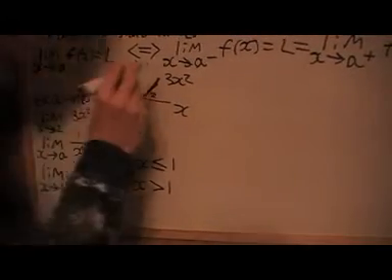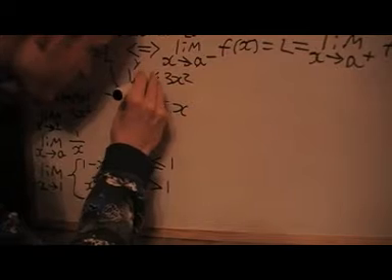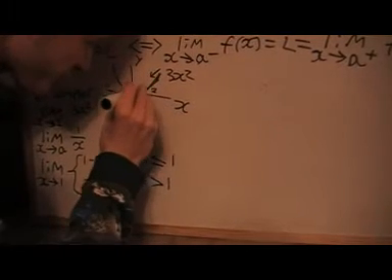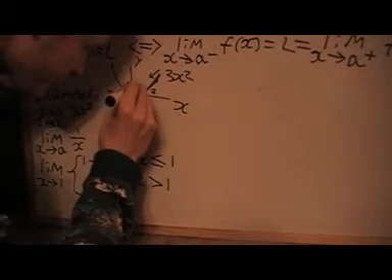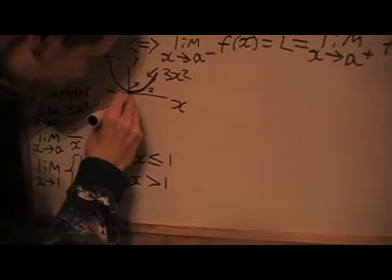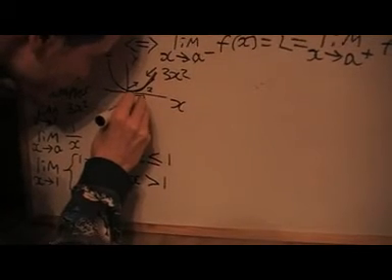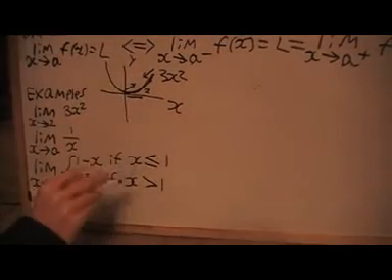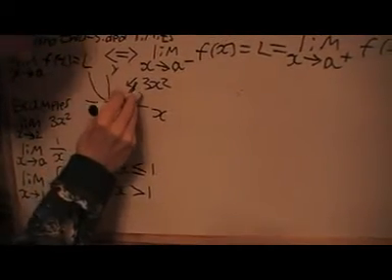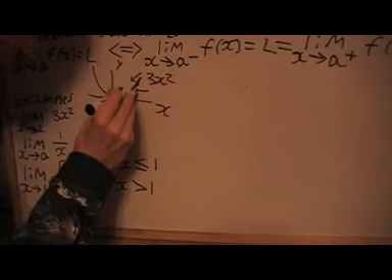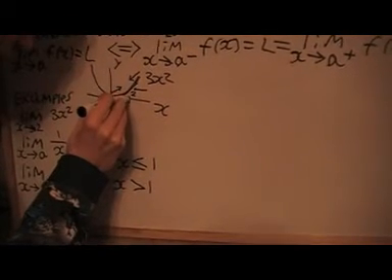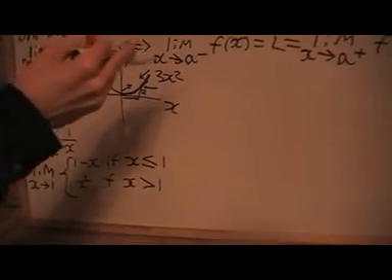If you look from the right it's approaching 2, and from the left it's also approaching 2, because you can see it's coming up here to this value 2, and from the other side it's coming down here to the value 2. So from both sides it's approaching 2. Therefore the left and right hand limits are the same, and this limit at 2 exists.